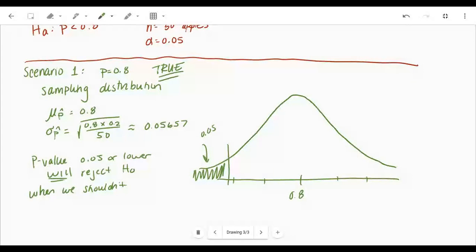This z value right here, if we do the inverse norm of 0.05, we get negative 1.645. So if we get a z value of negative 1.645 or lower, despite the fact that p is 0.8, that might happen once in a while because of sampling variability, and we're going to reject that truck.